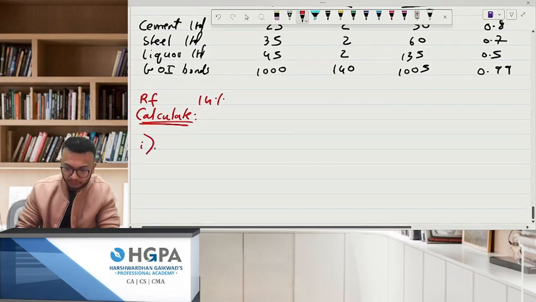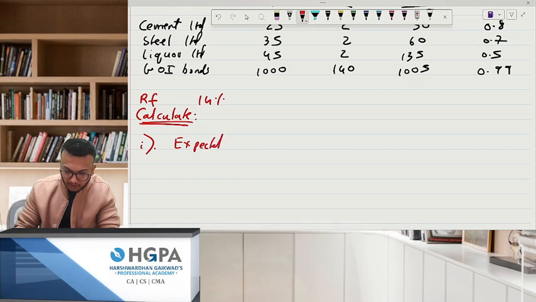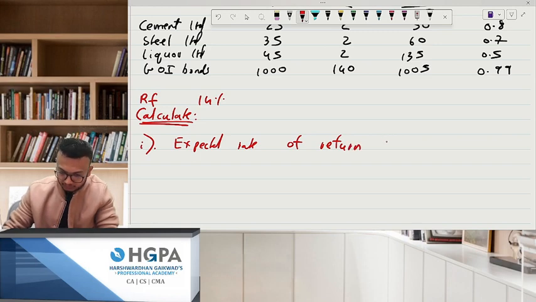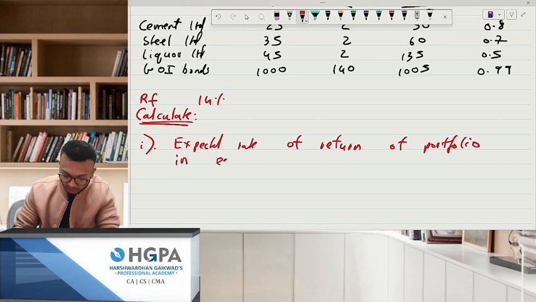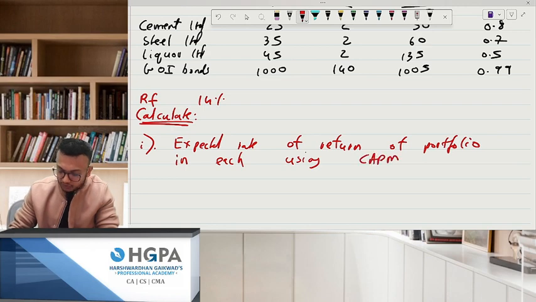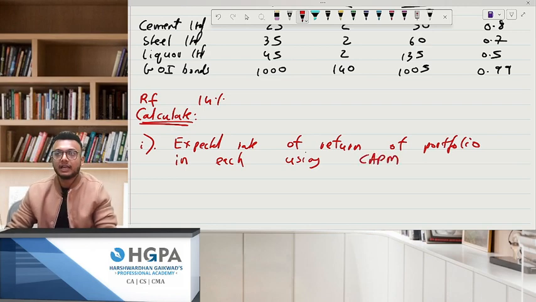First question: expected rate of return of portfolio in each, using CAPM approach.